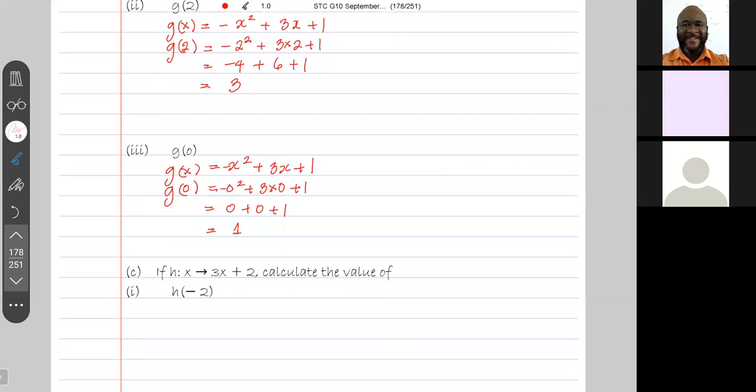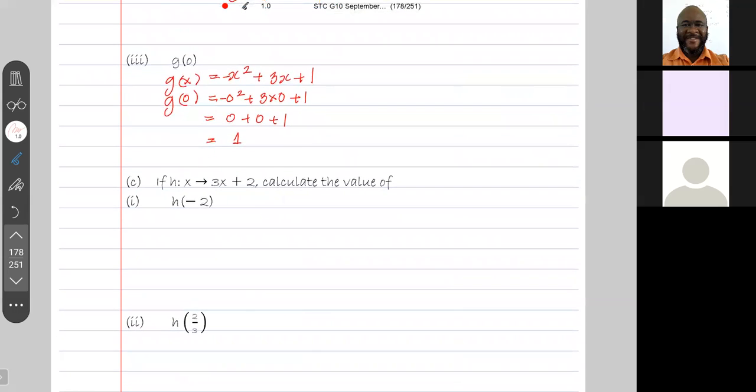C says h of x is equal to 3x plus 2. And we are asked to find h of minus 2. Here's how it works simply. Wherever I see x, I'm going to take out x and put minus 2.